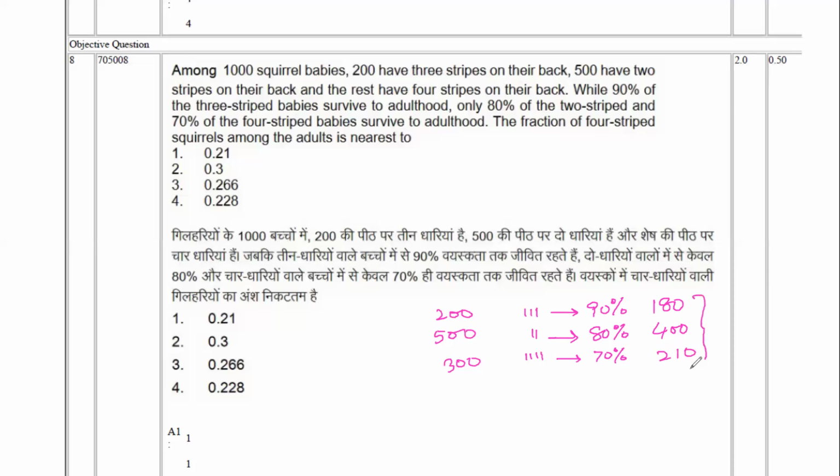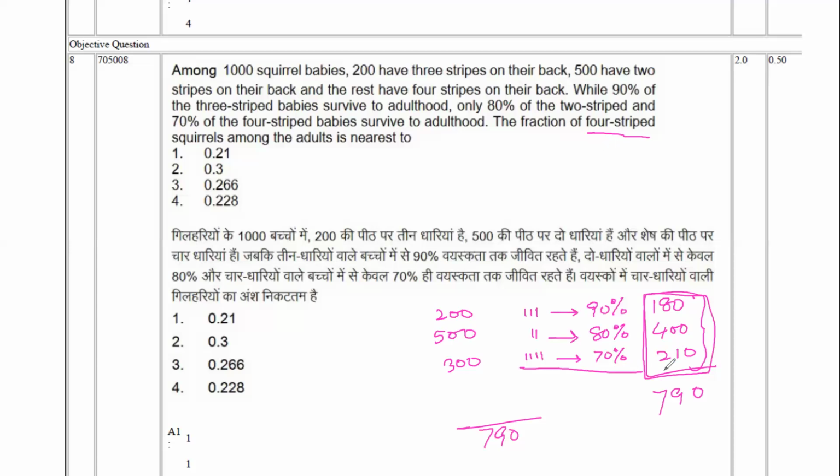So this is all adulthood. The fraction of 4 striped squirrels among the adults. So these are the adults, which is 790.